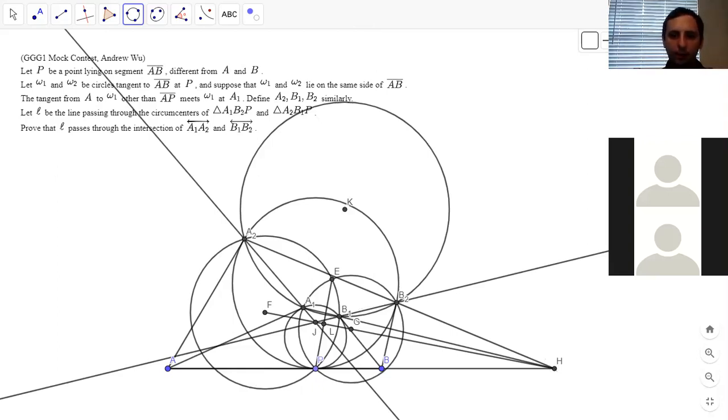L is the midpoint of EP. We just don't know that J lies on that line.